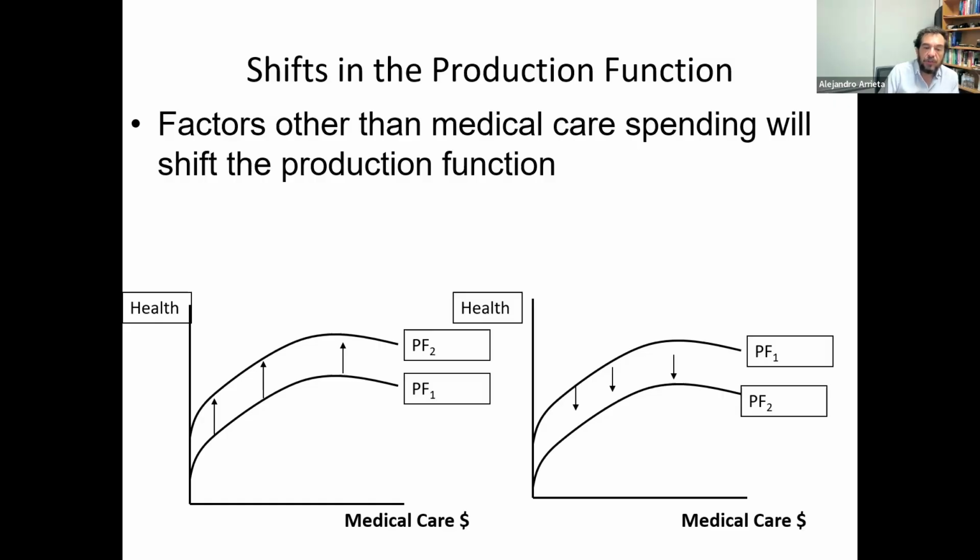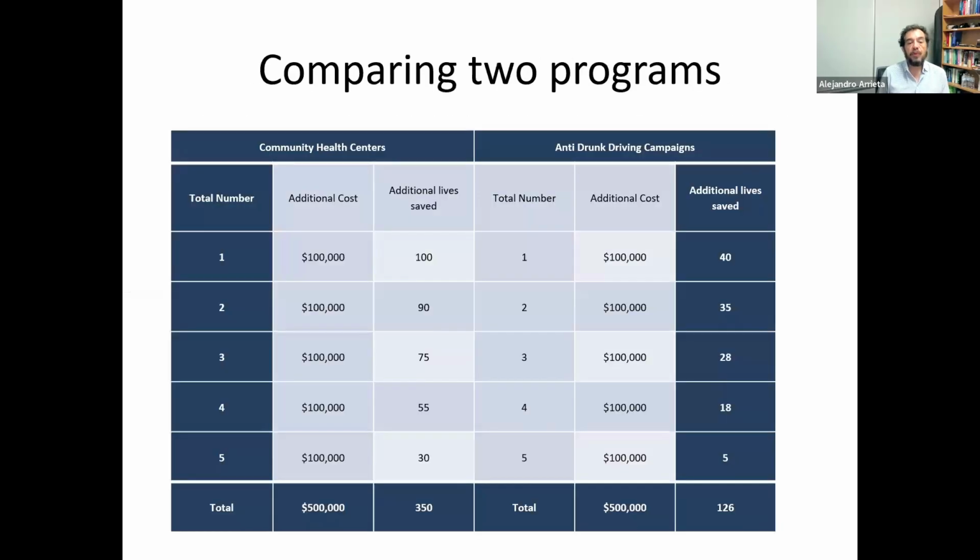Now, these are, of course, representations of a population and the inputs that you need to produce health. But we can think about specific programs as well. And behind that, you will see the same idea of diminishing marginal returns. So let's consider the case of two programs.